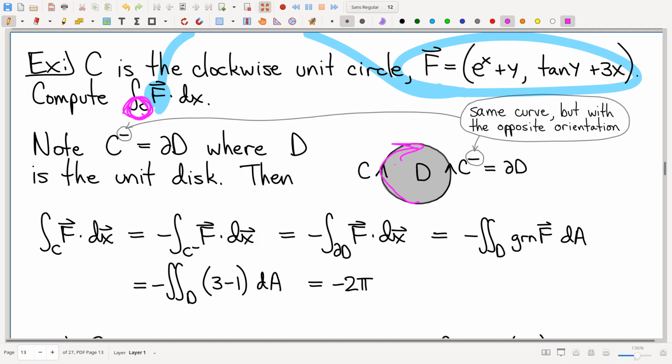That means that this x is trig ugliness, and this y is trig, and this y is trig, and that x is trig. So this is not just an exponential. This is an exponential with trig inside of it. All right? This is bad. We don't really want to have to do this anymore. So brute force, really hard problem. Using Green's theorem, it's a snap.